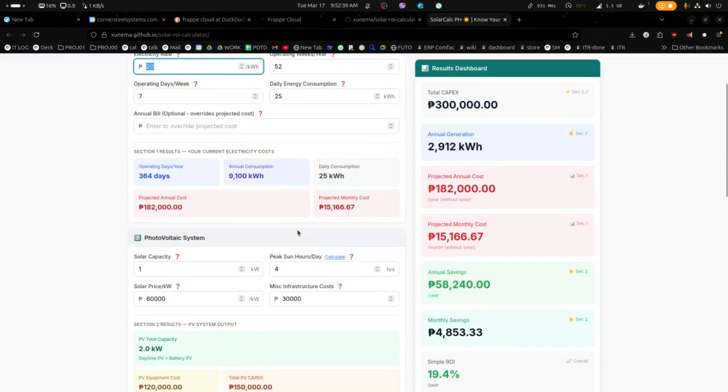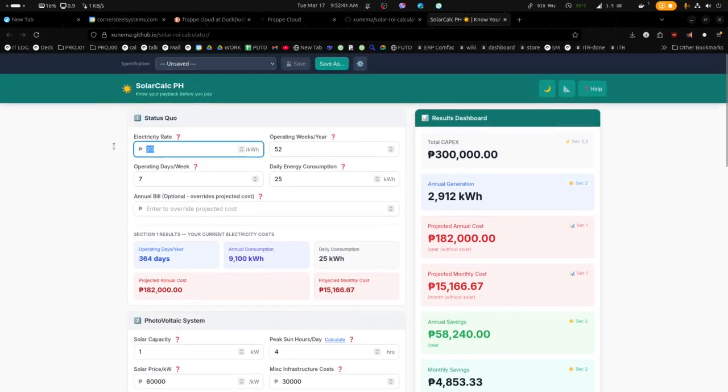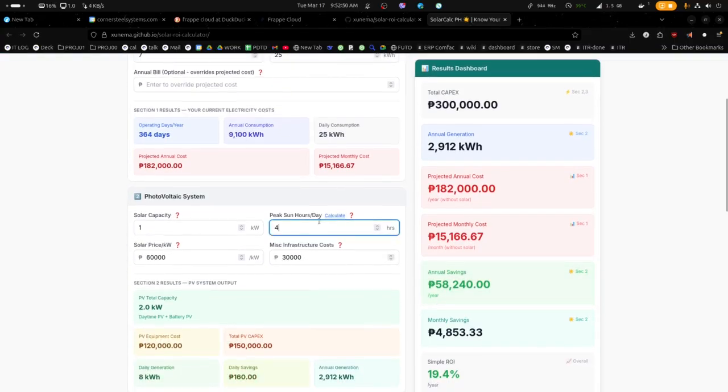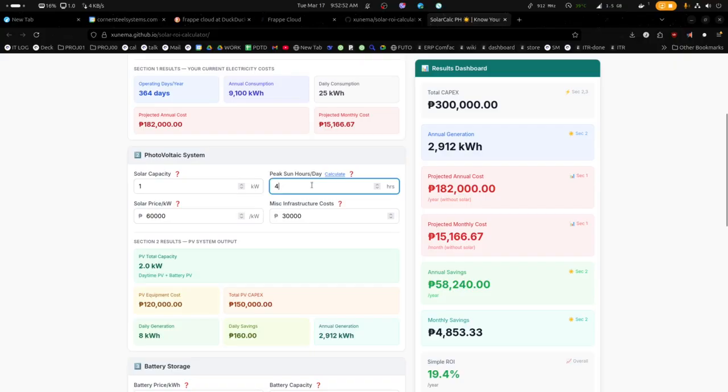Okay, let's assume that you're paying an exorbitant 20 pesos per kilowatt hour. You can easily get these costs. Then let's work with an average of 4 hours per day, on average per year. And of course the 60,000 pesos per kilowatt, and then 30,000 for other miscellaneous fees that you'll have to pay.